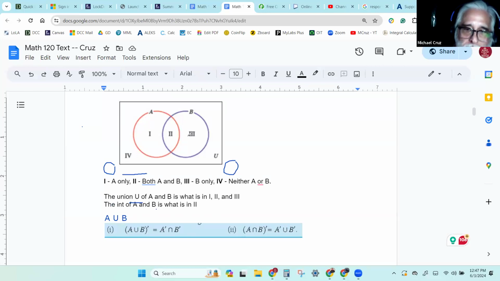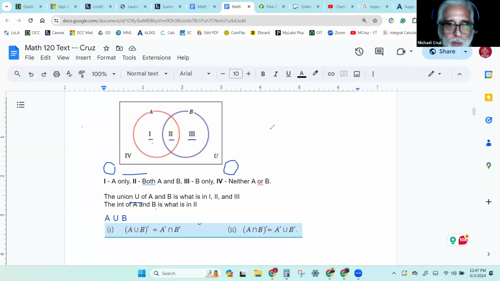So A union B are these two circles and anything inside of them. We don't need to repeat them. Inside of these, now these are not elements, it's just labels, but it's going to work the same principle.